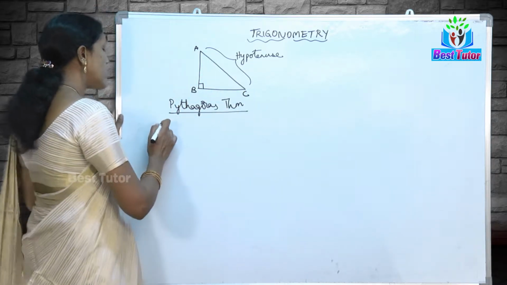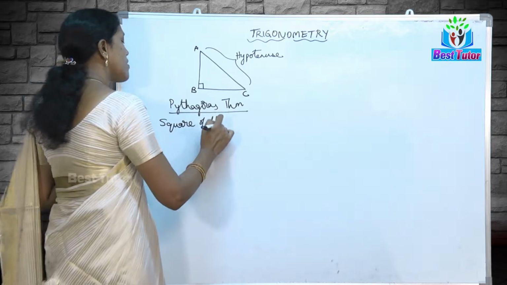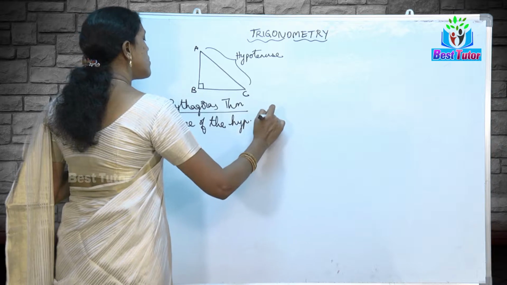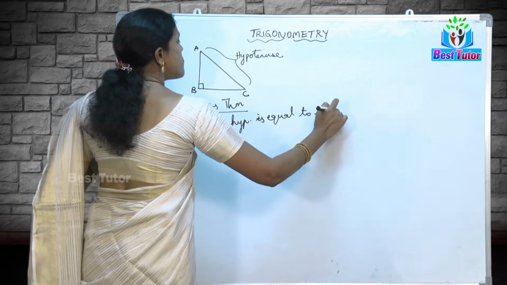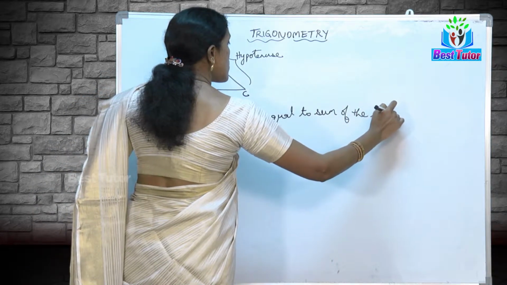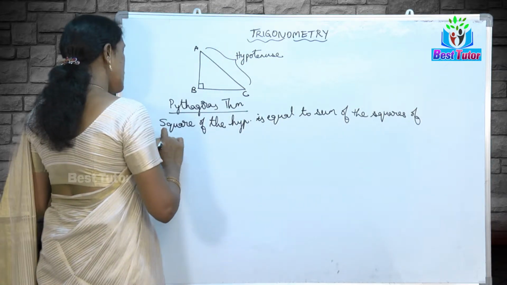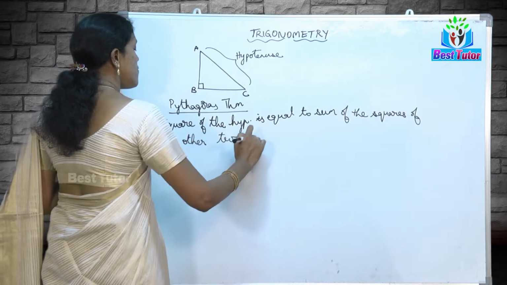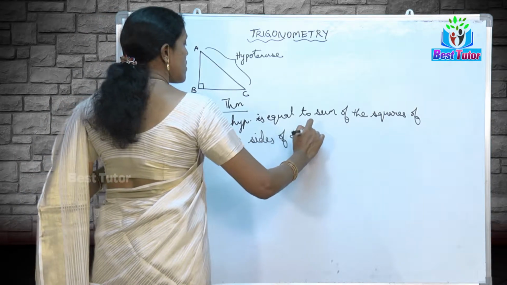We will learn it as: square of the hypotenuse is equal to the sum of the squares of the other two sides of a right angle triangle.